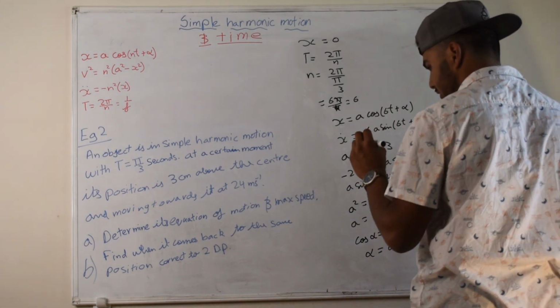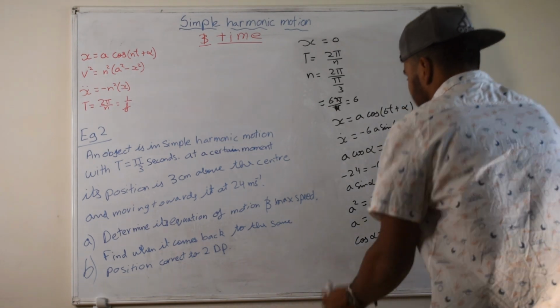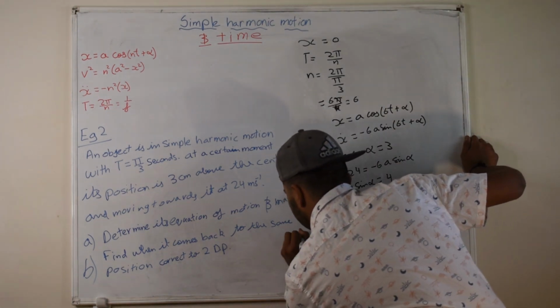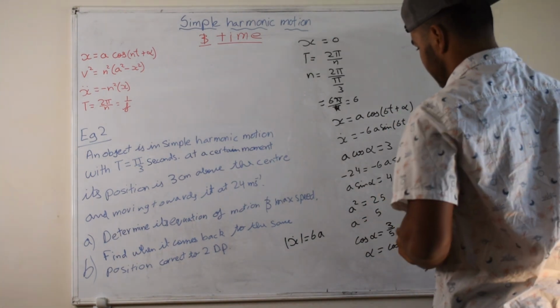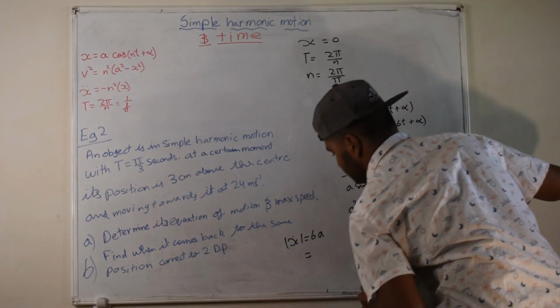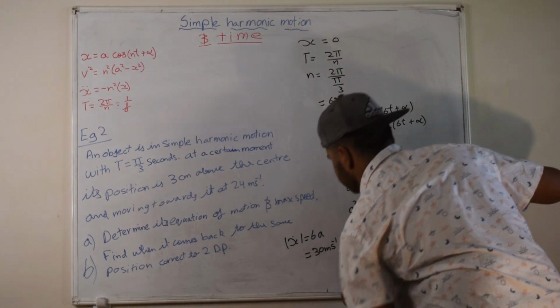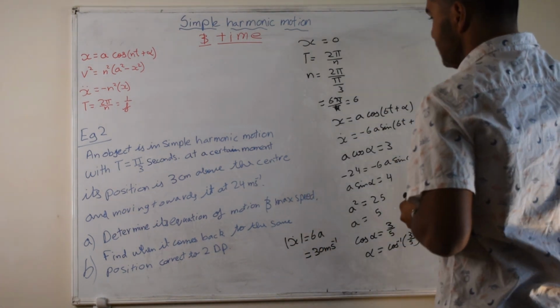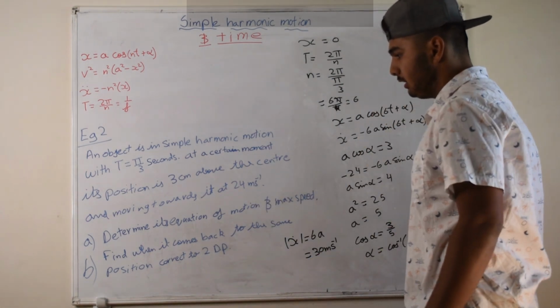Coming back to max speed over here, we know that the magnitude of x dot is going to be 6 multiplied by a, which is going to be 6 times 5 is 30 meters per second. So that is how you do A. Now let's go on to do B.